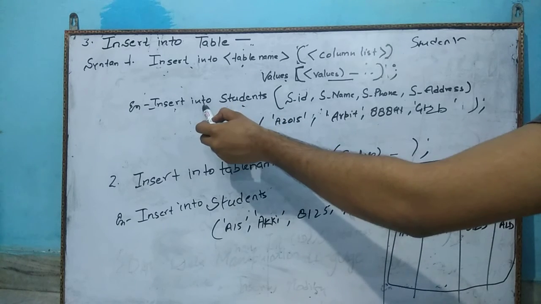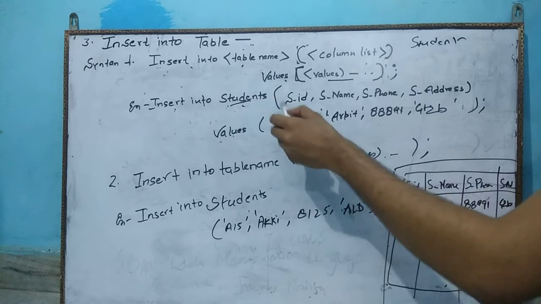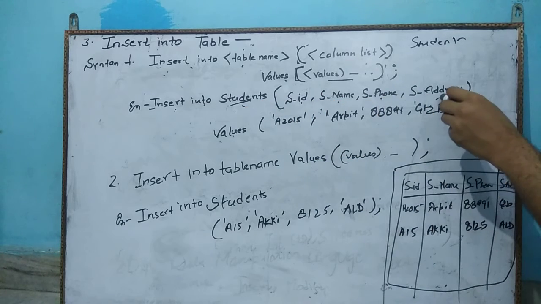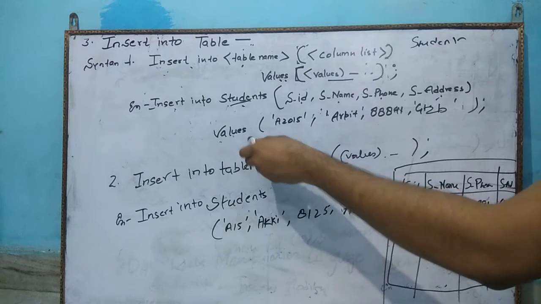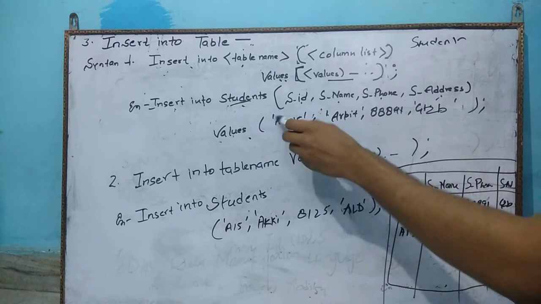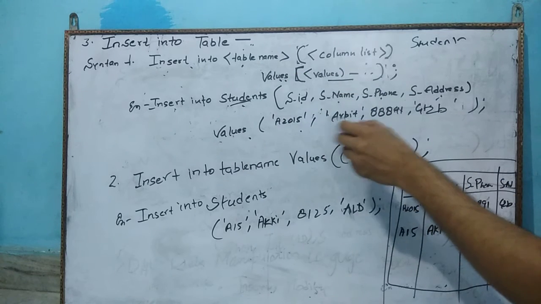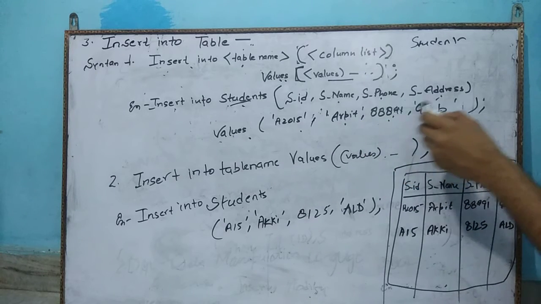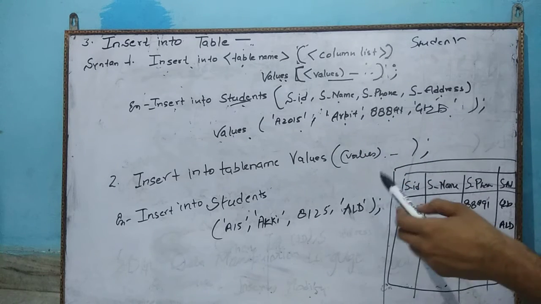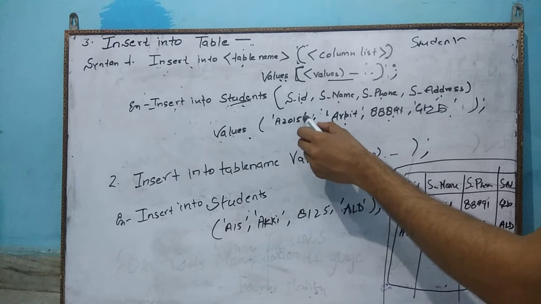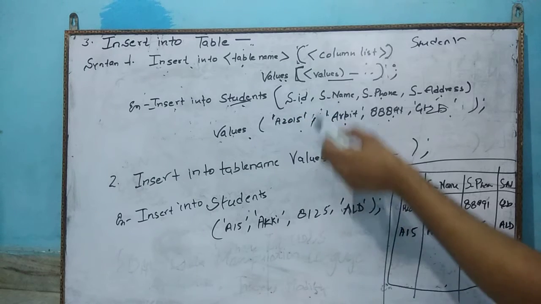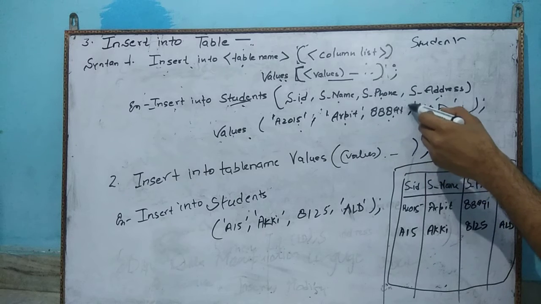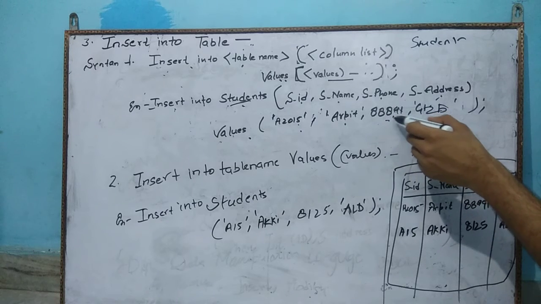So insert into table name, that is student, column list, SID, name, phone, address, now values, and their values 8/2015, Arpit, separated with comma, 8891, Ghaziabad. One point to notice is that we use single quotes for character values, and we don't use any quotes for numeric values.